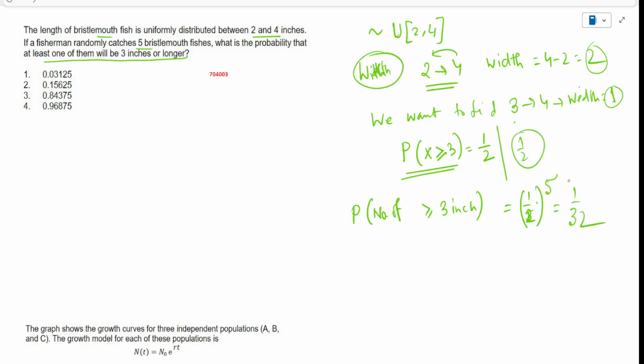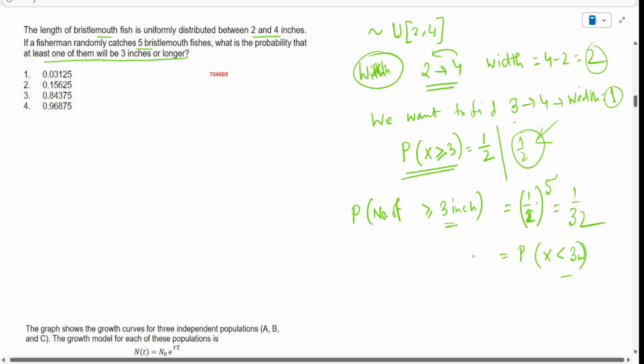This is the same as the probability that no fish is of length greater or equal to 3 inches, or that all fish are less than 3 inches; these are the same probabilities. For each fish the probability is 1 upon 2, 1 upon 2, 1 upon 2, 1 upon 2, for all 5 fish.